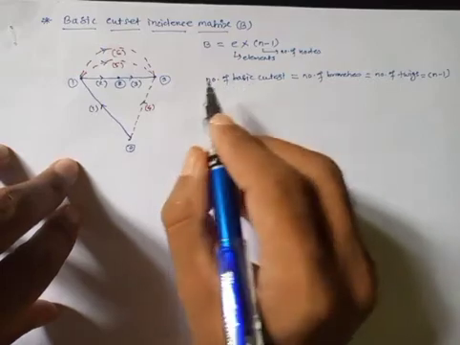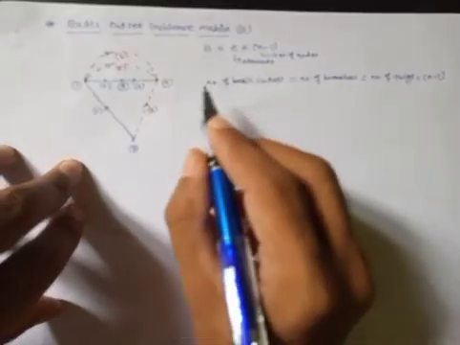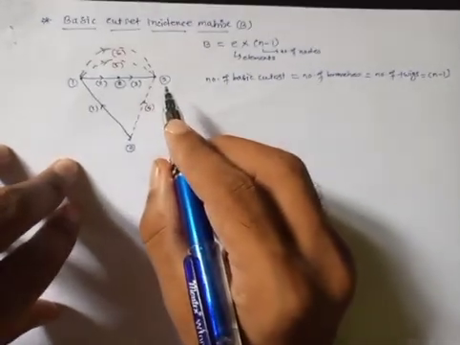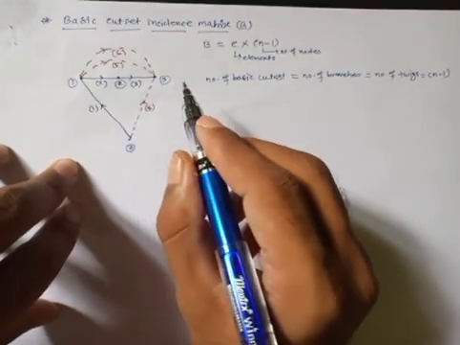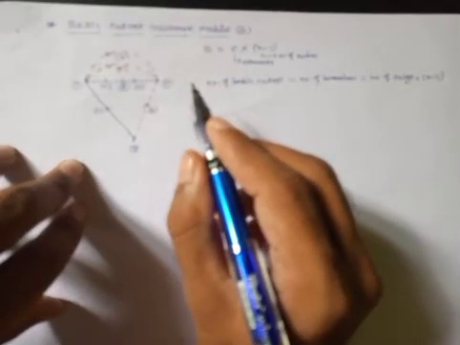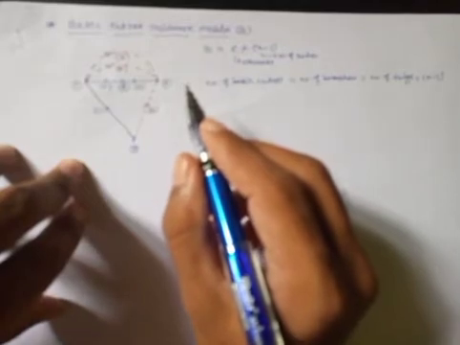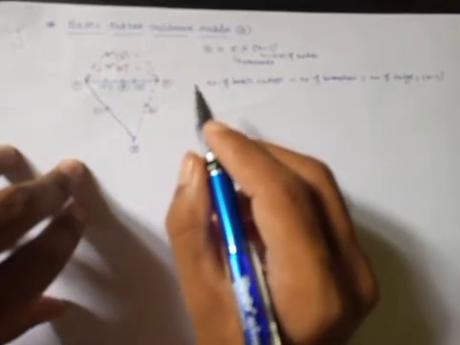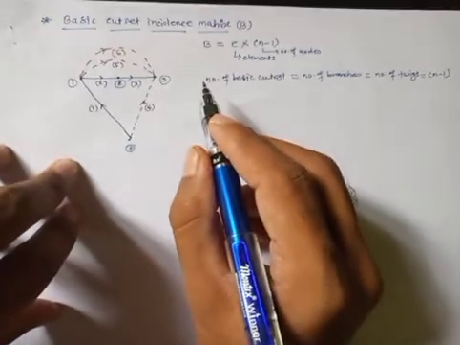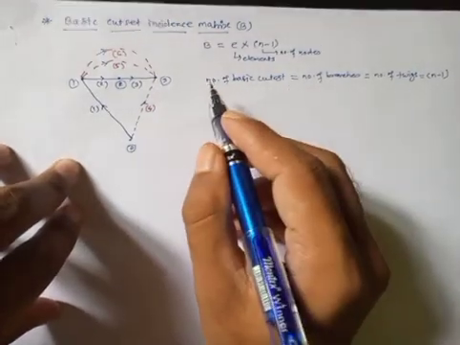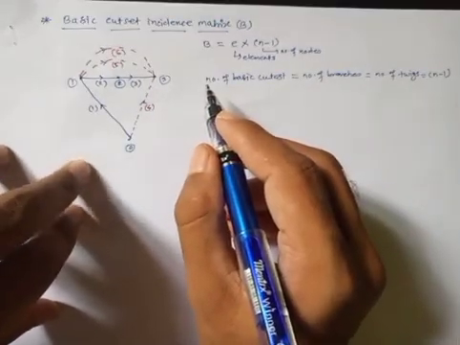So while considering the basic cut set, we have to consider that it should contain only one branch, meaning only one branch should be involved in it. The others can be links.